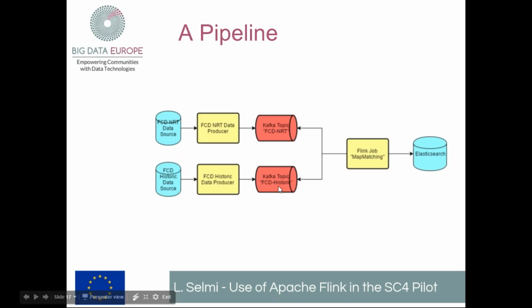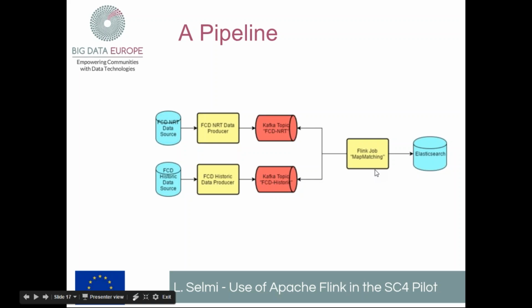And we will use the Flink job for the map matching that will consume the data from both topics in order to add the road segment to each record. So for each record from the taxi, we will have the identifier, the speed of the taxi, the timestamp, the coordinates, and the map matching algorithm will add the road segment.